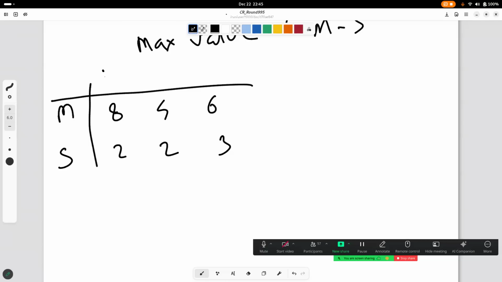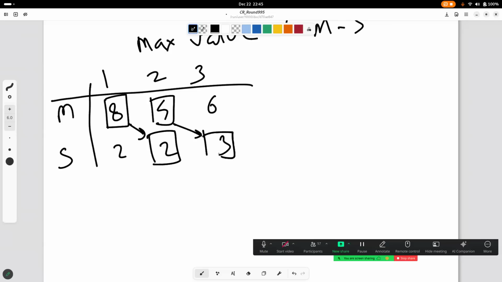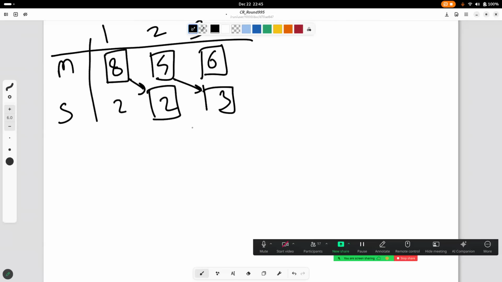So what our problem says is that on day 1, Monocarp can solve 8 problems, and if he solves 8 problems, then S is going to solve 2 problems. If he solves 4 problems, S is going to solve 3 problems. And if he solves 6 problems, S is not going to solve any corresponding problems.